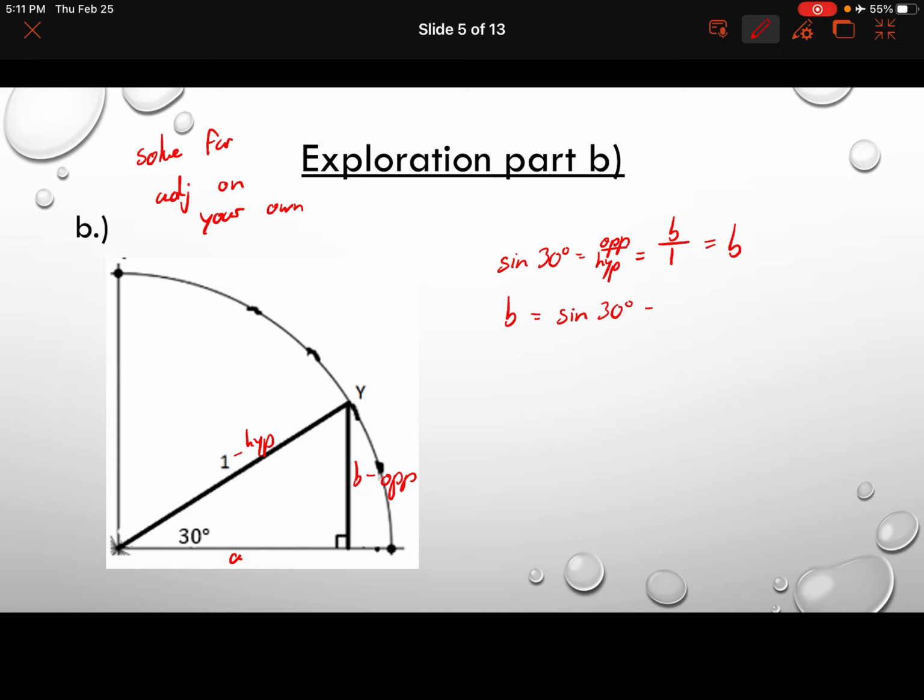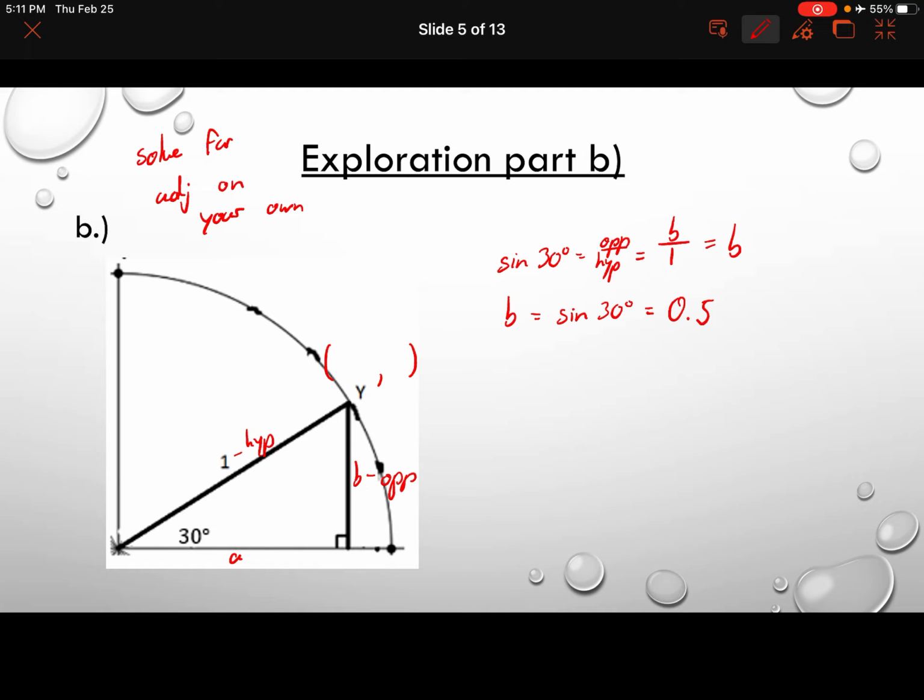So B is equal to the sine of 30 degrees, which is 0.5, exactly 0.5. I'm not rounding anything. So once again, solve for the adjacent side on your own, and also solve for the point on your own as well.